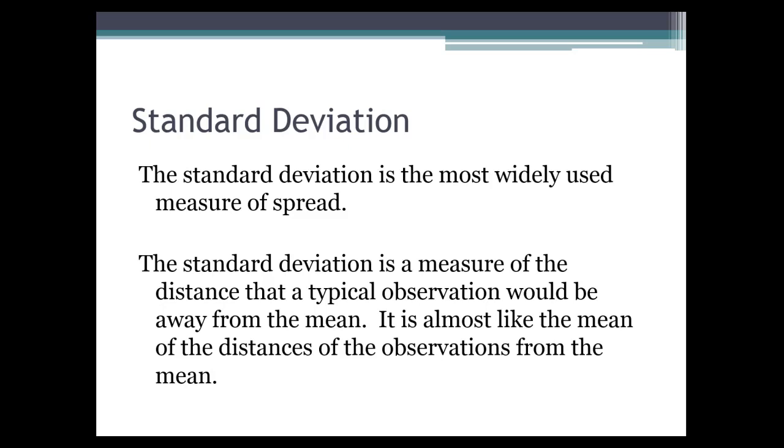So typical, and deviation means distance. So the standard deviation is a measure of how far away a typical observation would be from the mean. It's not quite the mean of the distances from the mean, but if you're thinking about it that way, you'll be on the right track.